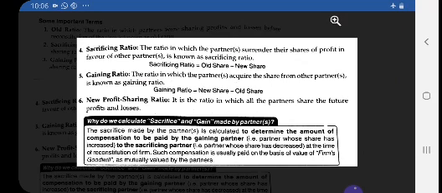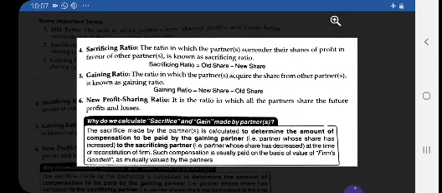Okay, now see here why we need to calculate sacrifice and gain, which I have discussed a number of times. First step, you calculate gain and sacrifice. So what is the purpose? The sacrifice made by the partner or partners is calculated to determine the amount of compensation to be paid by the gaining partner. That is why the gaining partner is debited and the sacrificing partner is credited.